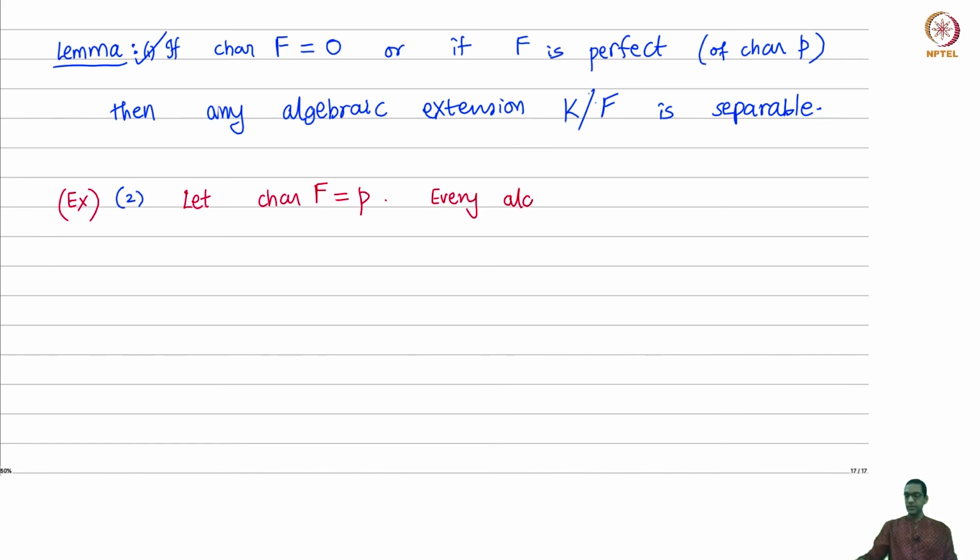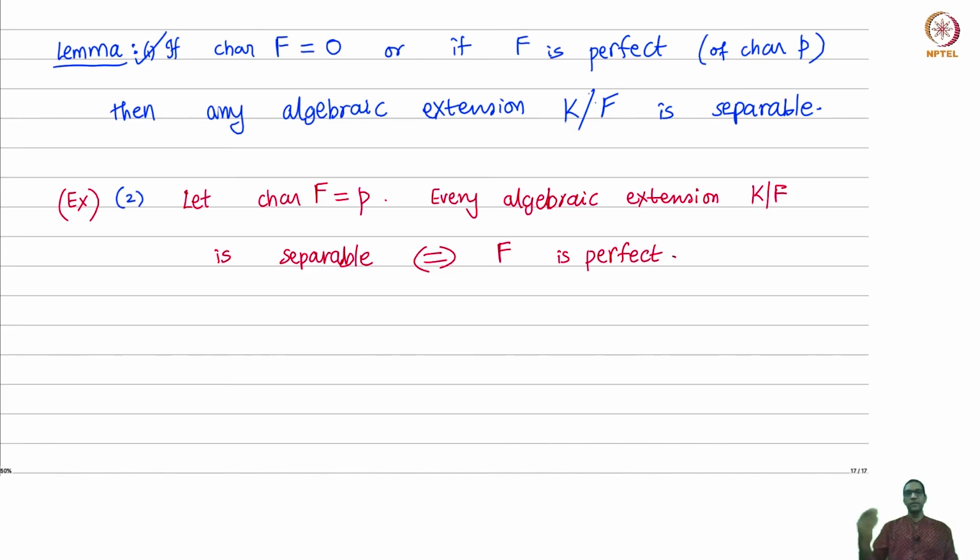Every algebraic extension K of F is separable if and only if F is perfect. So it's really an equivalent statement. The field being perfect is exactly the property that says that all algebraic extensions are always separable extensions.